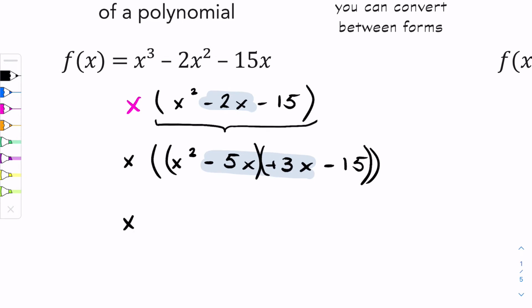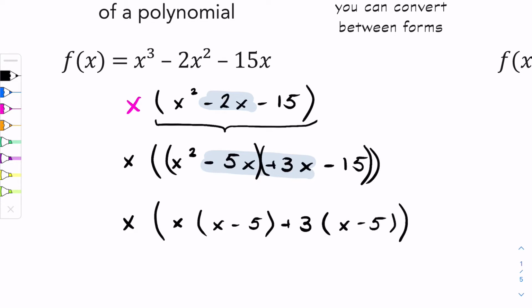For the next step, we have our GCF of x multiplied by the GCF of the first group, which is x, leaving x minus 5. The GCF of the second group is 3, leaving x minus 5. Now inside the parentheses here, we have our two GCFs, and we have our one common factor.